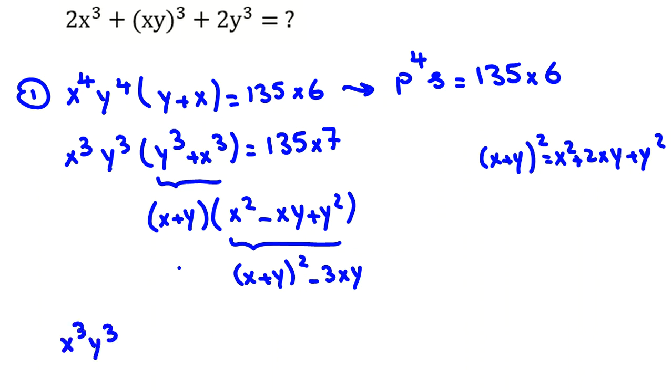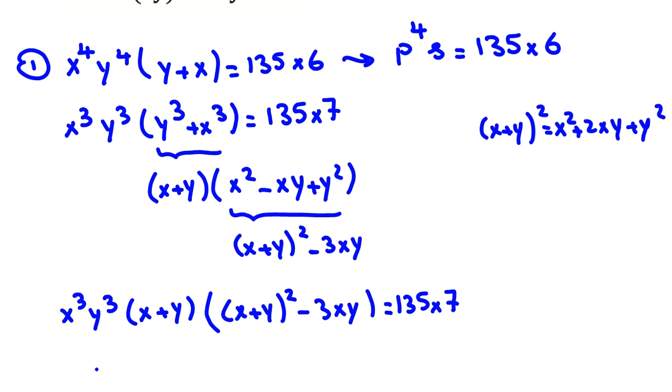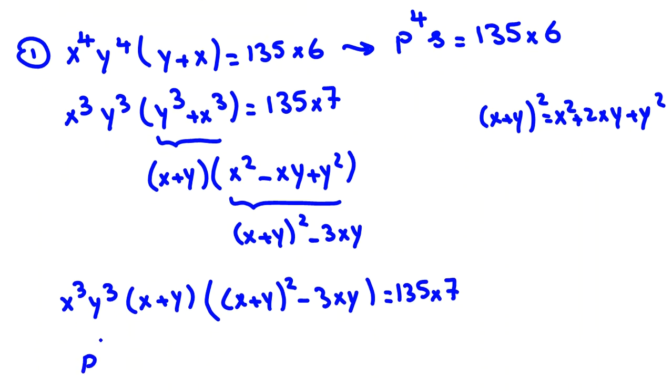X cubed, y cubed, x times x plus y times x plus y squared minus 3xy equal to what? 135 times 7. And I can say it is what? Let me write below exactly these things. P cubed times, here is what? X plus y, s, sum. Here is what?